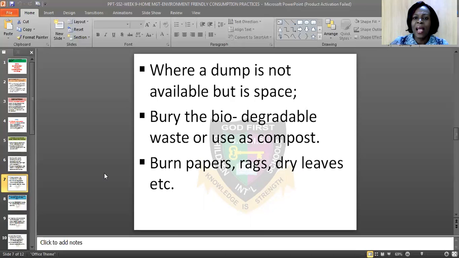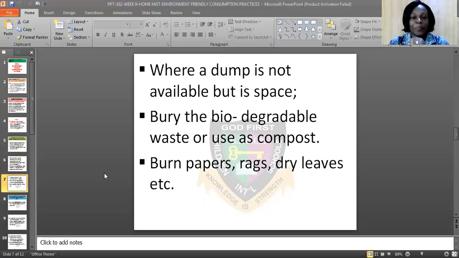Our feces too, you can bury them in the ground. Even they are buying them because they are using them for agricultural products. So all those that can decay, you bury them if there is space. But when there is no space and there is a provision by the government, you gently and responsibly go there and dump them for the future generation.